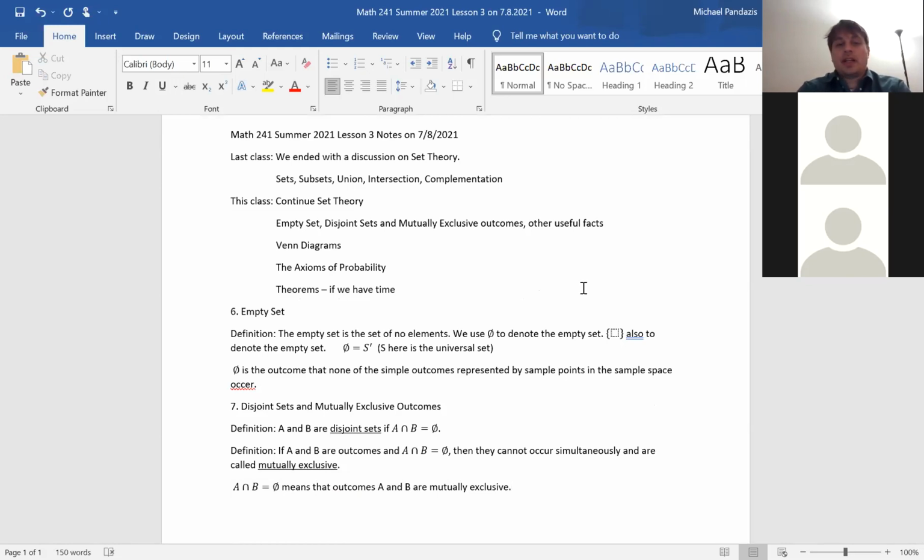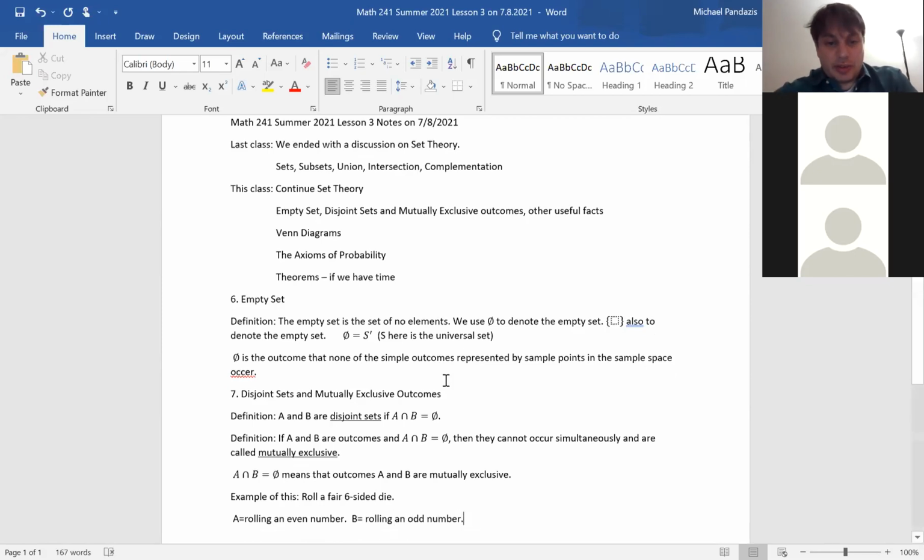An example would be to roll a fair six-sided die. Let's say A is the event of rolling an even number, and B is the event of rolling an odd number.